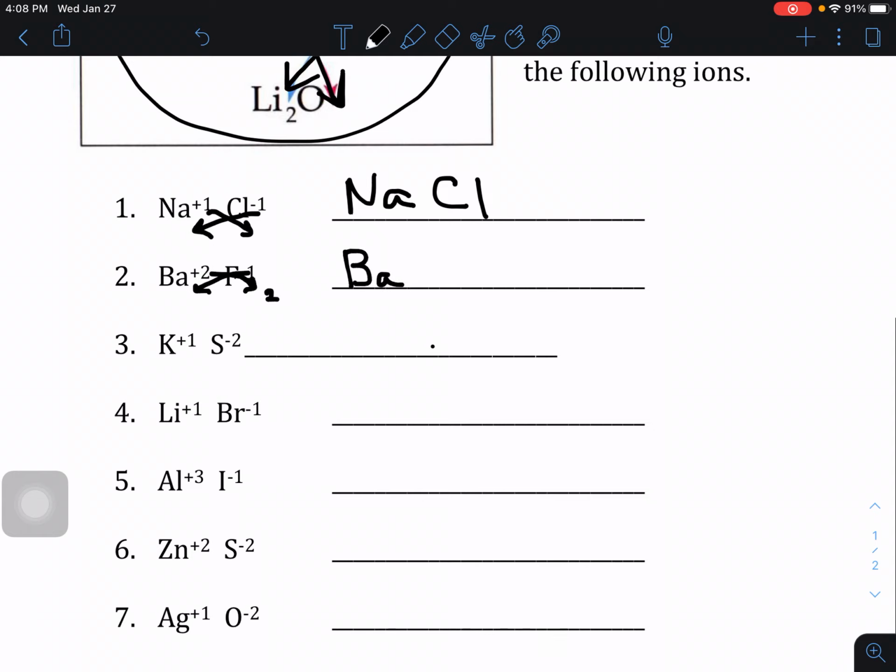We don't put the 1, and F with a subscript 2. Next one is K +1 and S -2. Again, take the number, bring it as a subscript, and the opposite charge number as a subscript. So we have K2S.